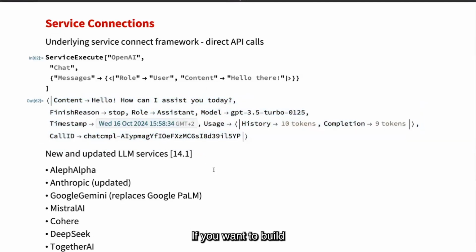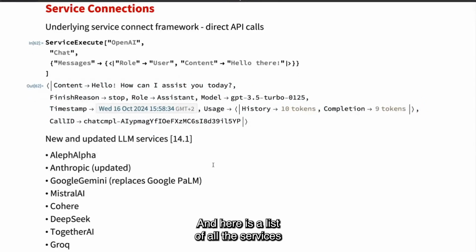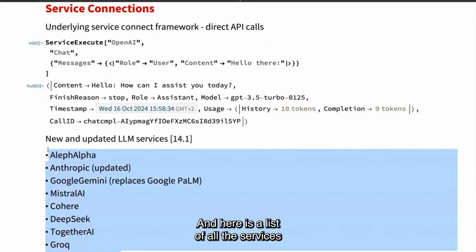If you want to build your own LLM synthesize on top of it, you have access to the very basic. And here is a list of all the services for which we added support in 14.1, updated in 14.2.